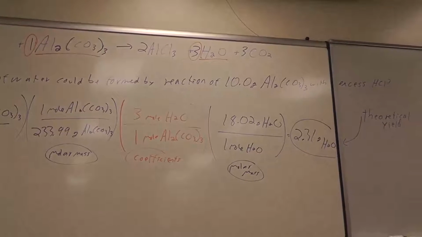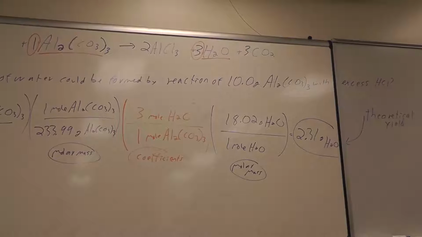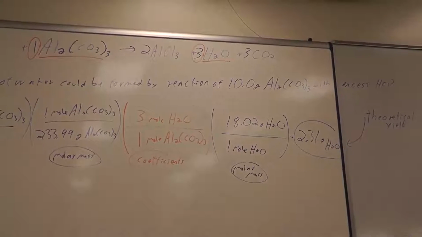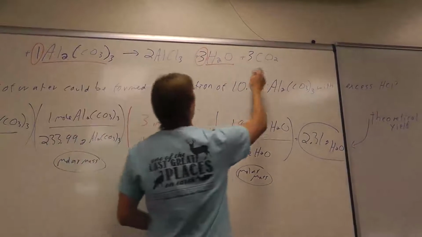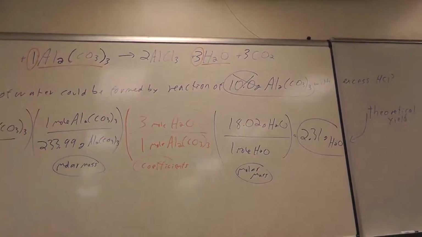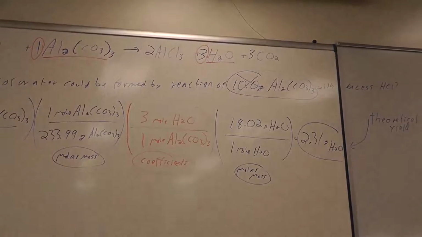Or sometimes it's defined as the maximum possible amount that you could make. But what we did in this calculation was we assumed that all 10 grams of this would get reacted. And if all 10 grams react, then 2.31 grams of water should be made.